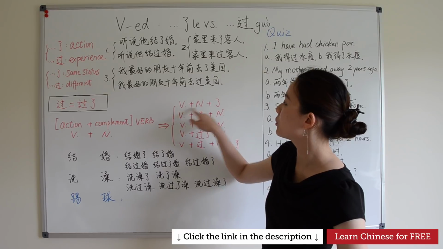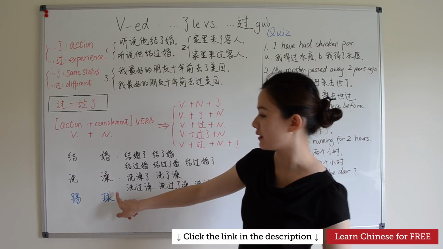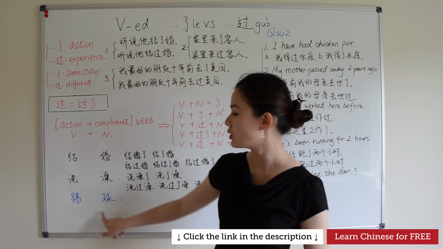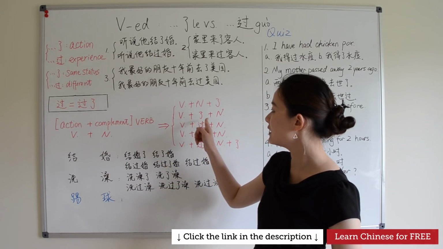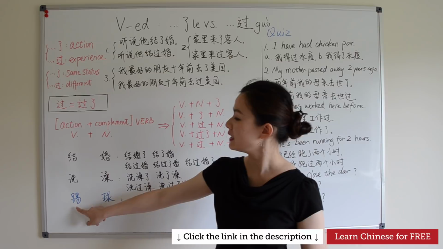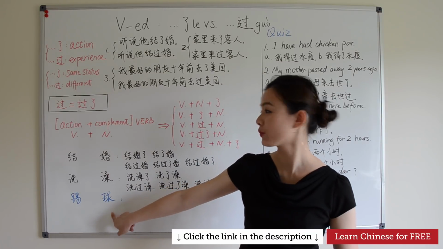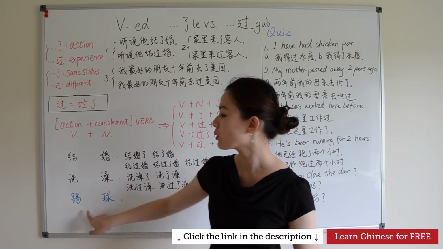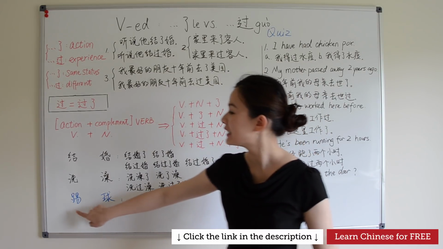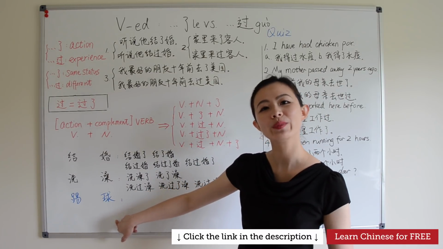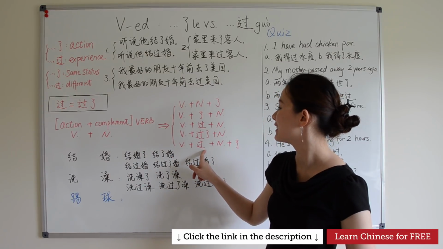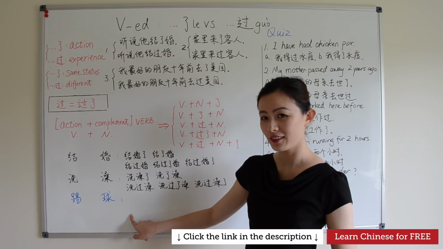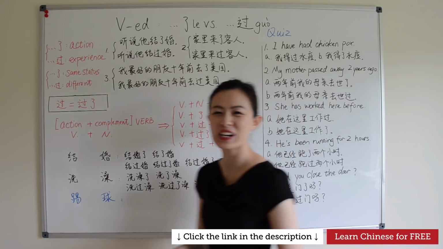So first, we can put 了 after the word. So you can say 踢球了. And second, you can say 踢了球. Also put 过 and 过了 in between. 踢过球. 踢过了球. And the last one. 踢过球了. Great, you got it now.